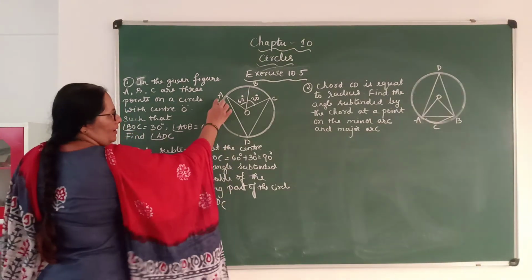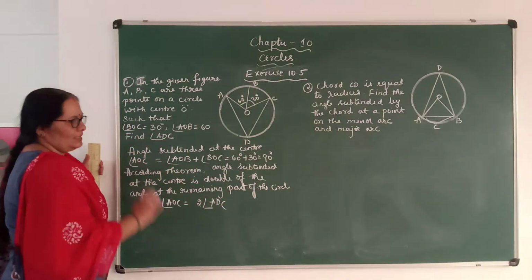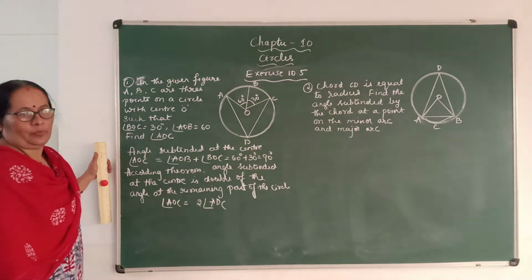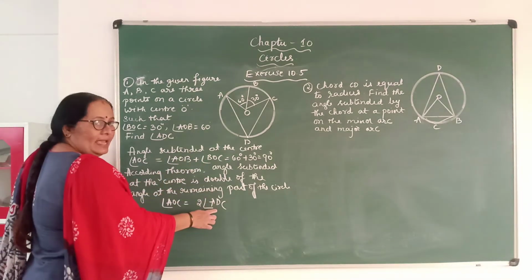So the remaining part is this one, ADC. This point D is on the remaining part of the circle. So the angle is ADC.